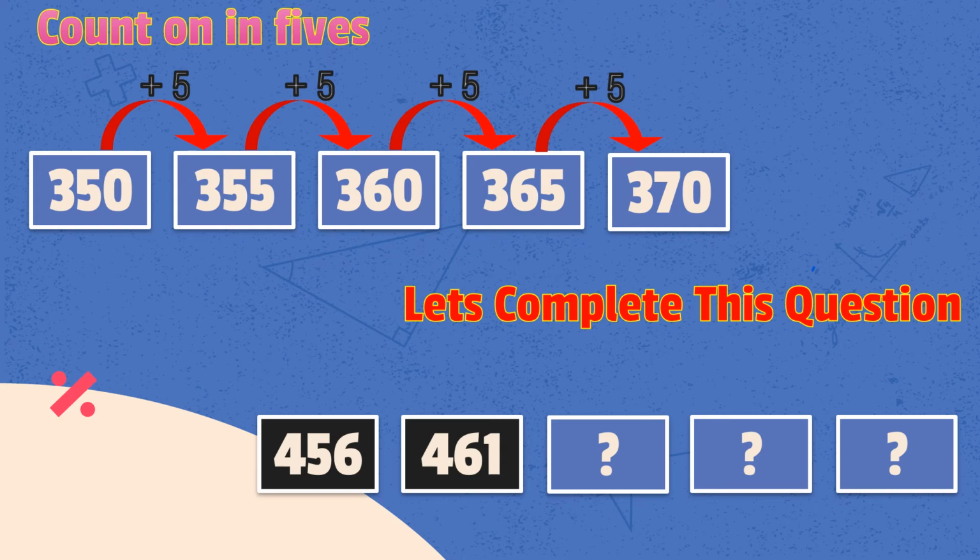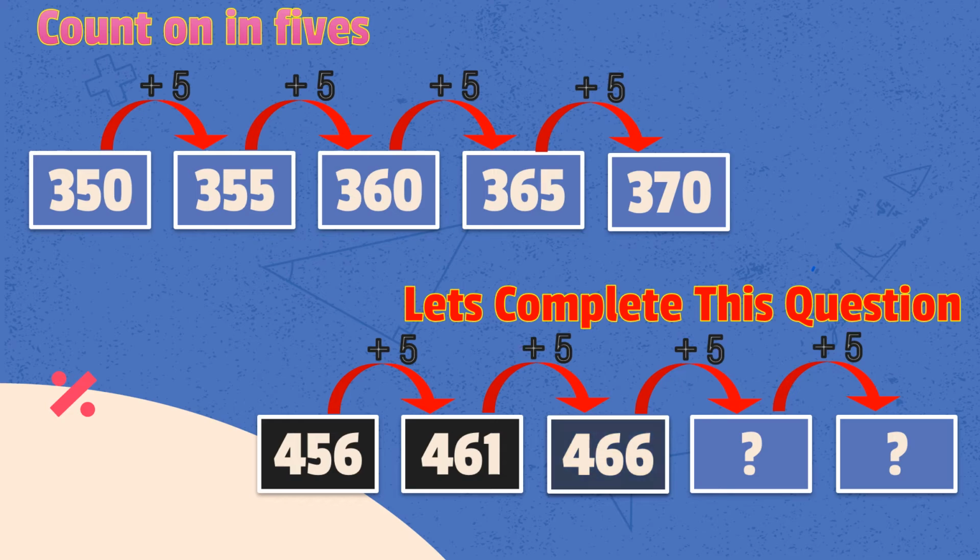So to find the missing numbers, we also need to add 5 between the number sequence. Then add another 5 becomes 466, 471, and 476.